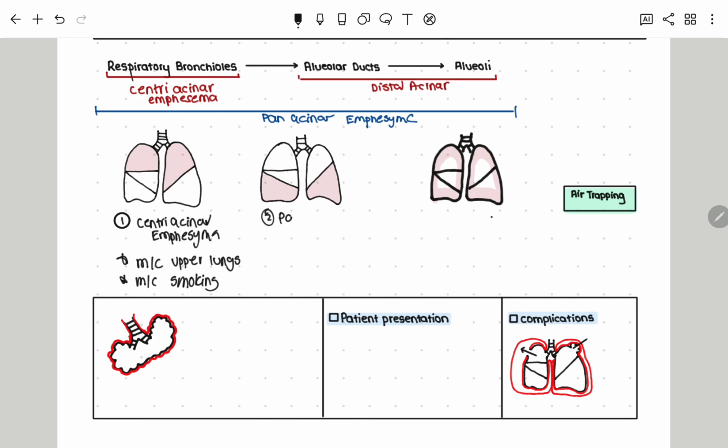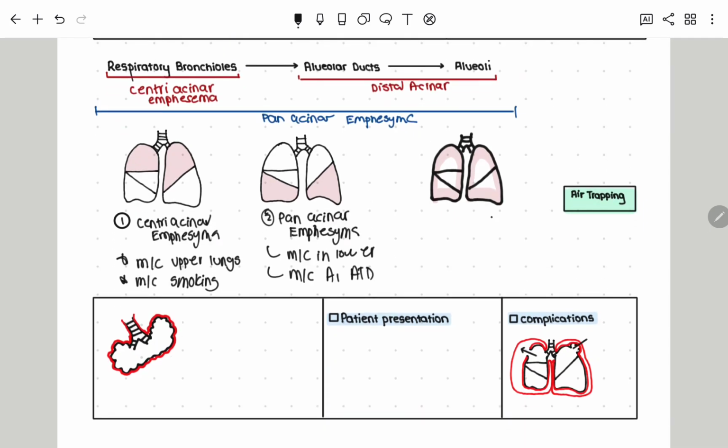Pan-acinar, the second type, meaning that the entirety, the respiratory bronchioles, the alveolar ducts, and the alveoli are all affected, and all of them have a loss of their elastin fibers and damage to their walls. This normally occurs more commonly in the lower lobes, and this type of emphysema is the one that is more commonly associated with alpha-1 antitrypsin deficiency.